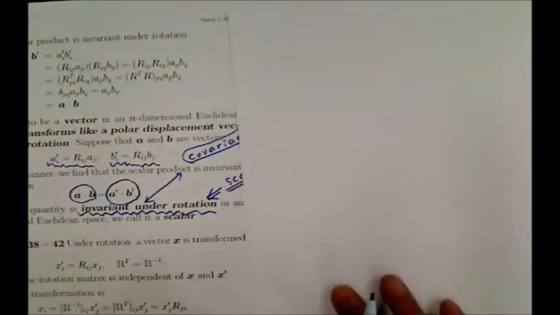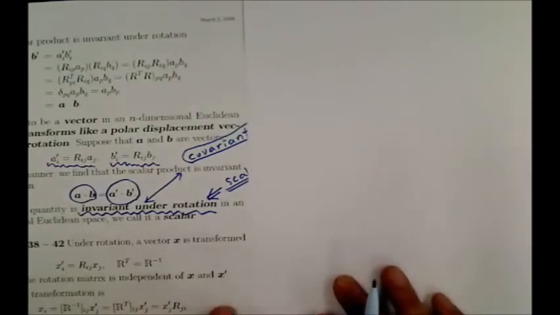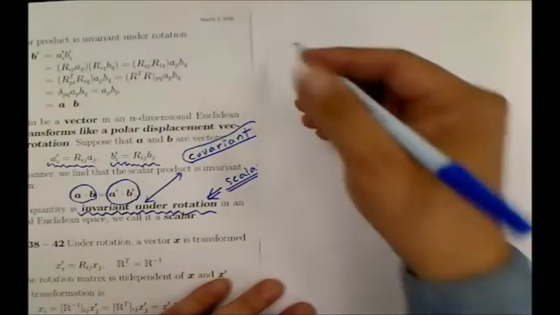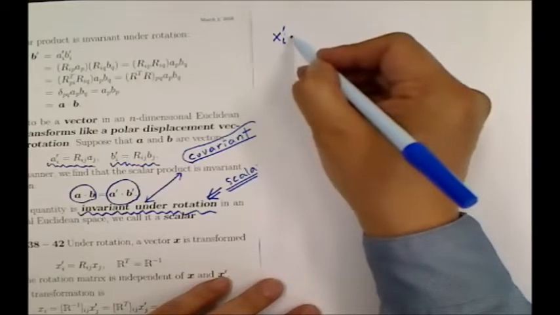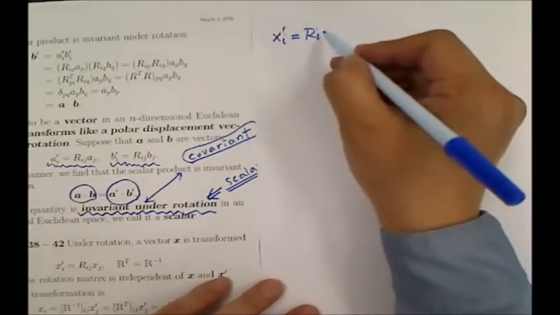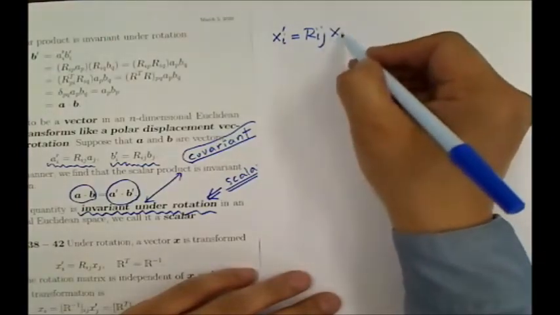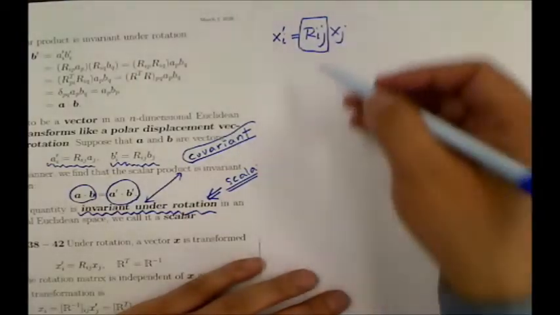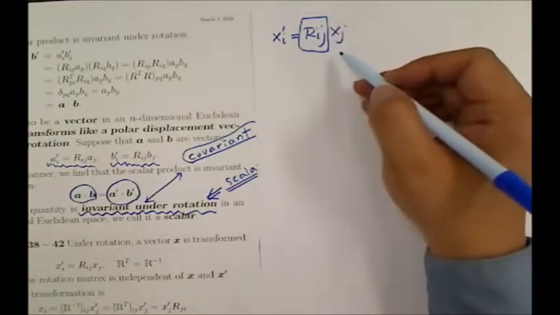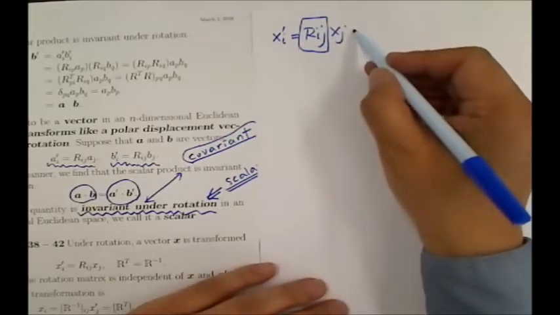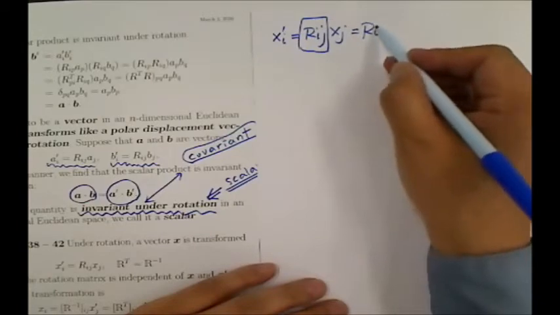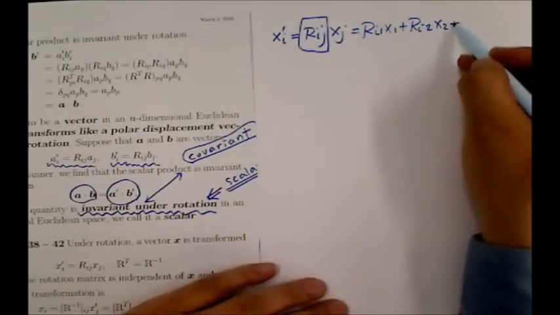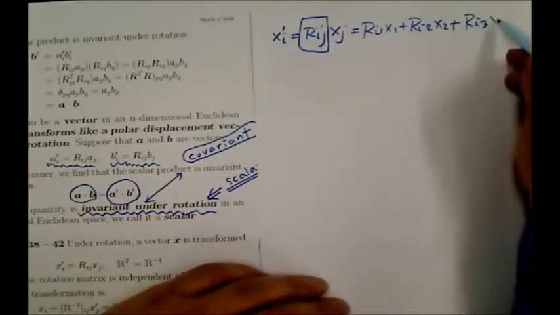Let us next consider the transformation rule for derivatives. First, the ith component of x prime after rotation is Rij xj. What I'd like to find out is this coefficient, the ij element of the orthogonal matrix R. Because it is a linear equation, it is actually Ri1 x1 plus Ri2 x2 plus Ri3 x3.